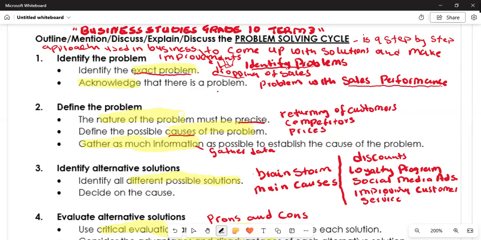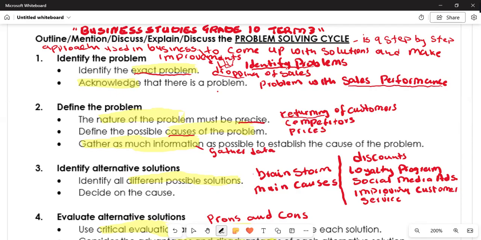Now we go to the second step, define the problem. The nature of the problem must be precise, meaning be precise about the nature of the problem. Also, find possible causes of the problem. Gather as much data as possible to establish the cause of the problem. For example, the manager checks the reports and finds that customers are not returning.